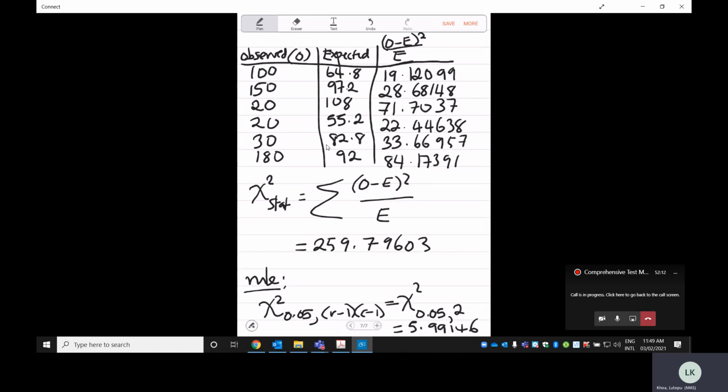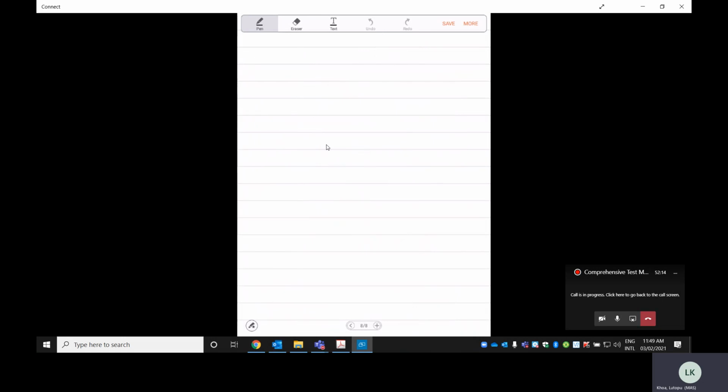Okay, and then the rule is going to be that we reject H naught if the chi-square that we calculated is greater than 5.99146. It doesn't fit there, but you should write it.